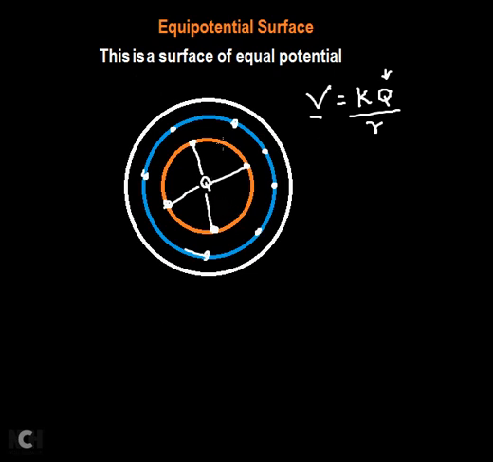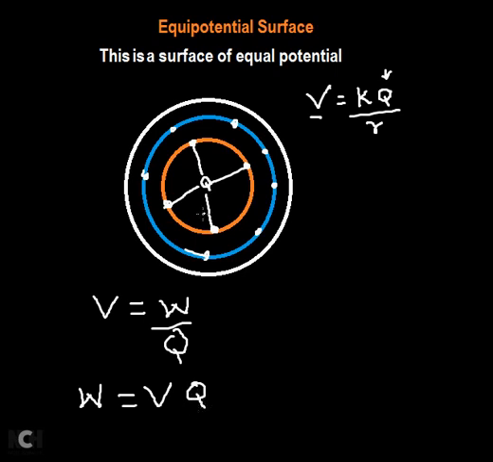Now, because a surface has an equal potential, don't forget that from our definition, electric potential is the work done per unit charge. If I cross multiply, that simply means the work done in moving a unit charge is equal to the electric potential multiplied by the charge.